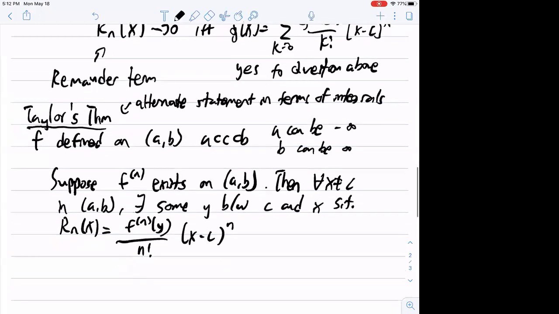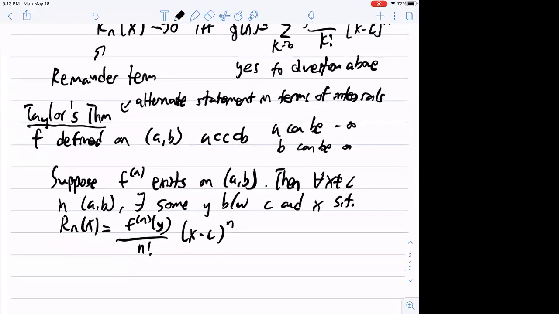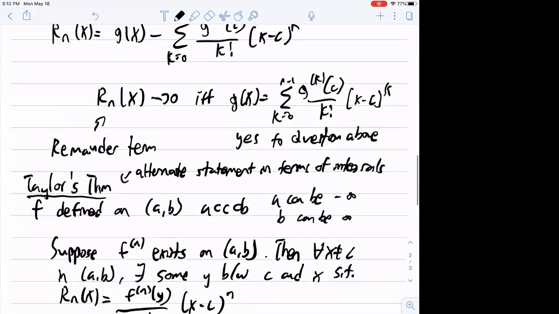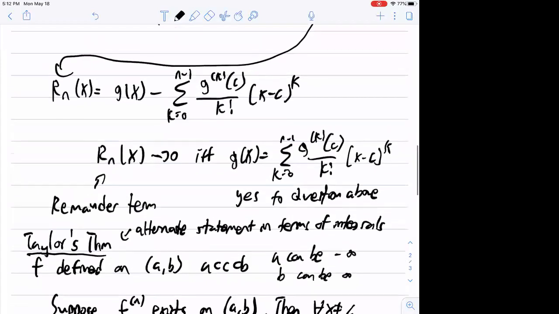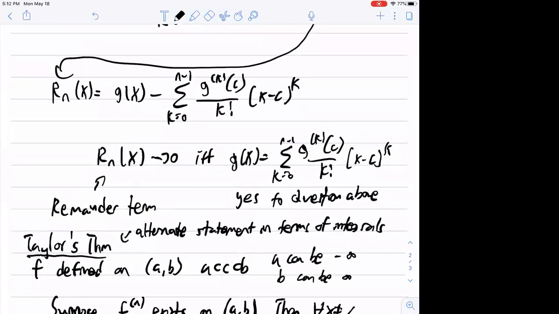So why is this important? Let's read the statement here. The Rn of x, a priori, could be crazy, right? But it's pretty much saying my remainder is bounded by the next derivative. I go up to n minus 1 derivatives, I mean, the sum goes up to n minus 1.